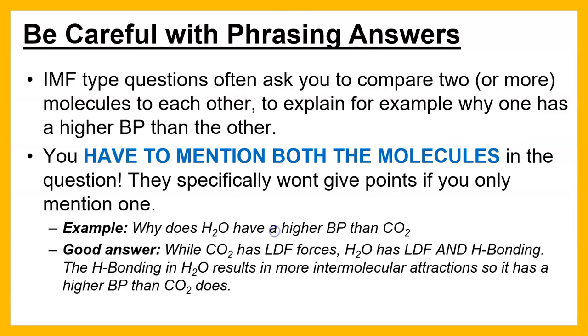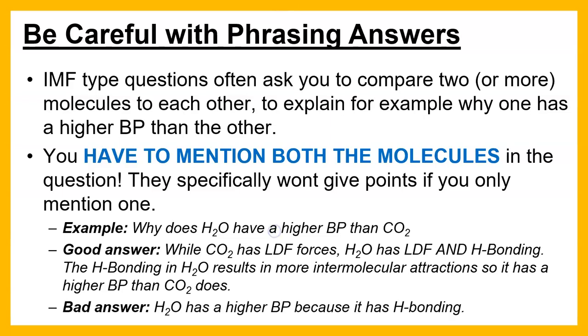You need to say something like, while carbon dioxide has London force, water has London force and hydrogen bonding. The hydrogen bonding in water results in more intermolecular attractions, so it has a higher boiling point than carbon dioxide does. You have to mention both molecules, and you have to mention the forces in both molecules.